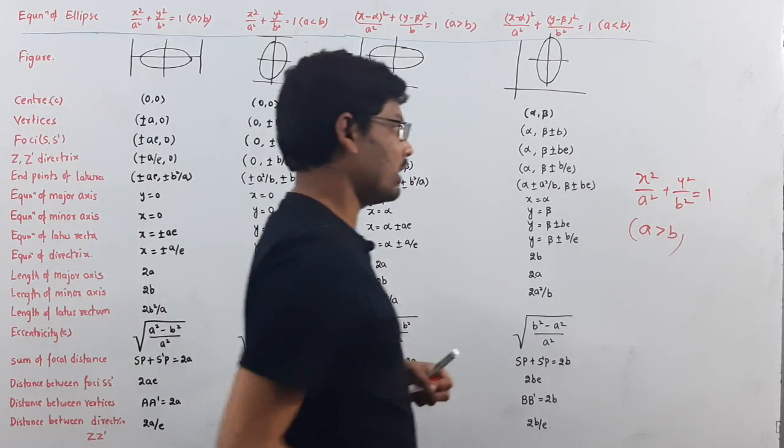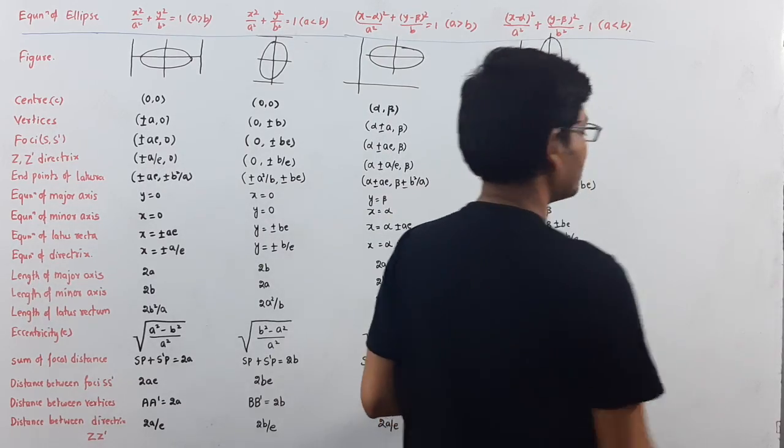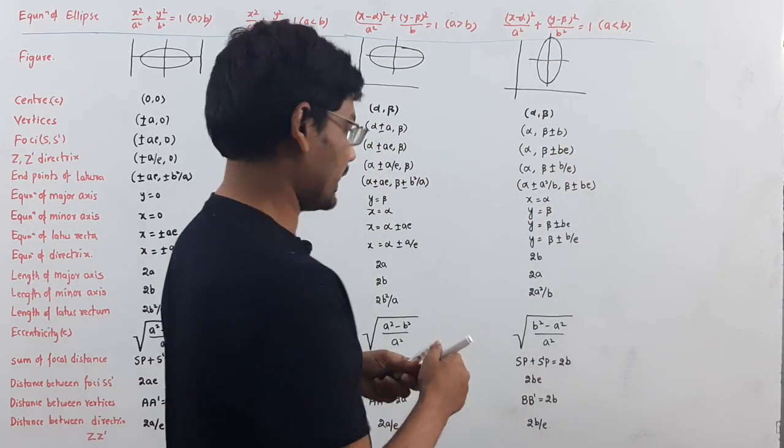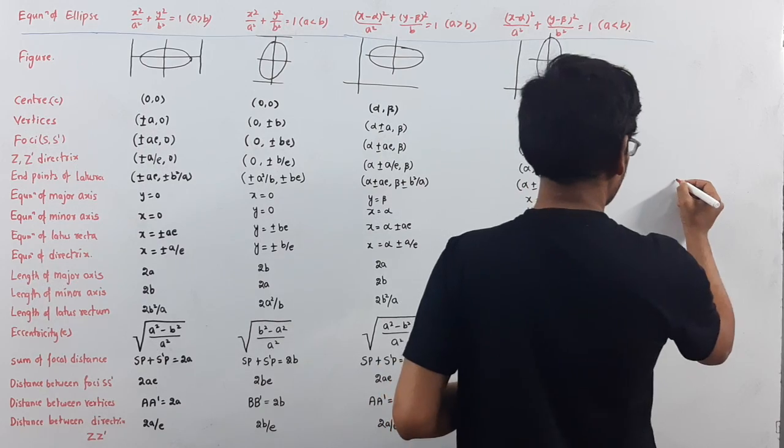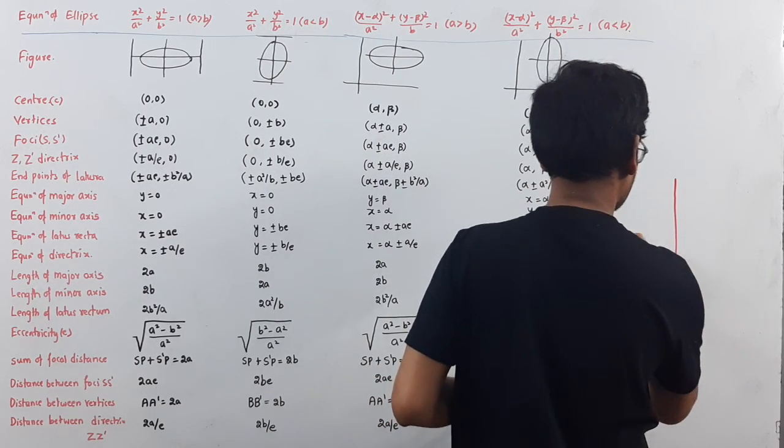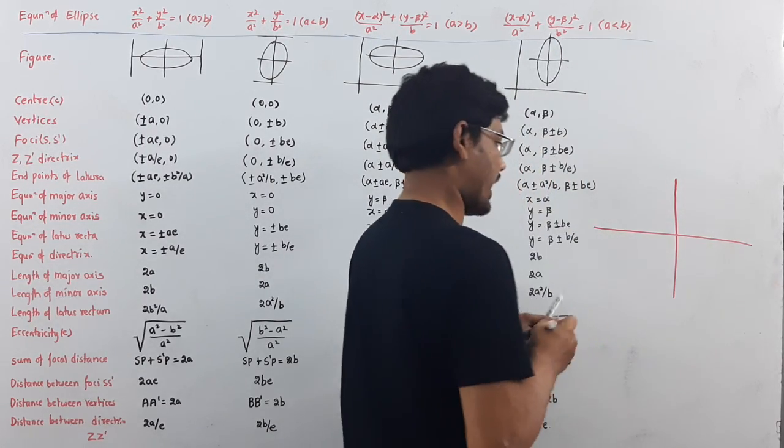So let us draw the diagram for the first type of ellipse.